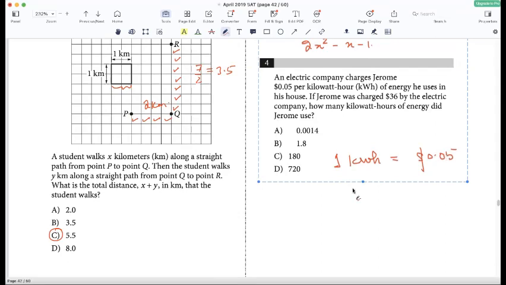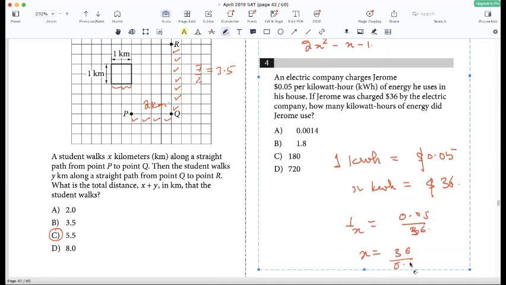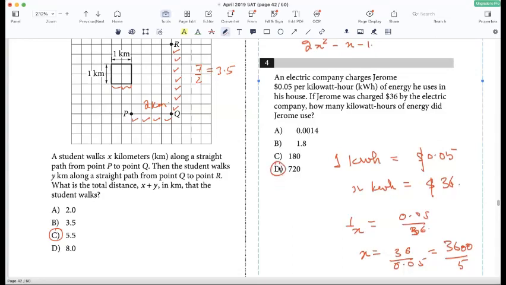So let's say he consumed x kilowatt hours and he ended up paying $36. So 1 by x is 0.05 by 36. So x becomes 36 divided by 0.05, right? Which is 3600 by 5, which is 720. So option D.